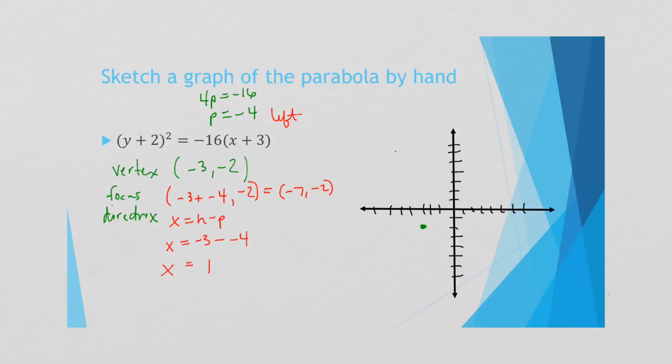My focus is at -7, -2. So here's my focus. And then my directrix is at x equals 1. And that's a line. So this is my directrix.